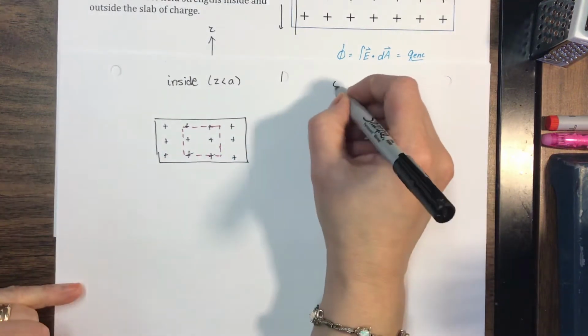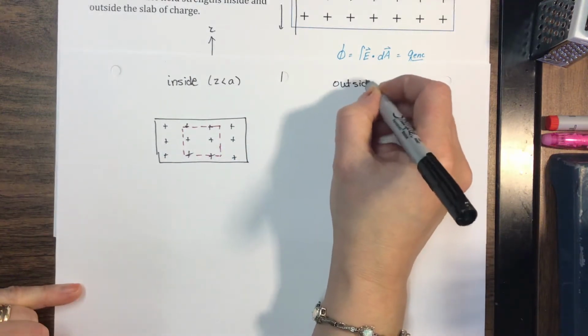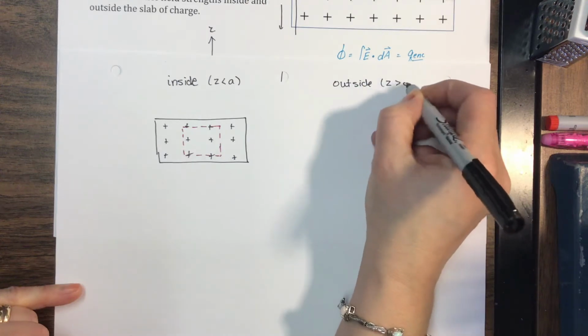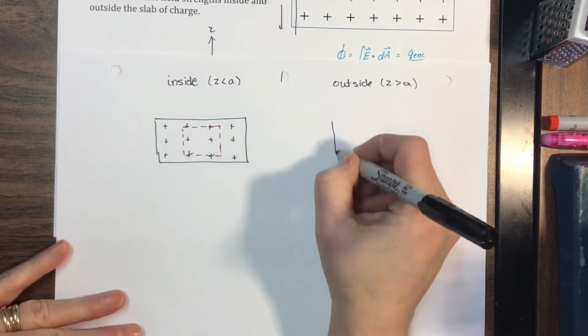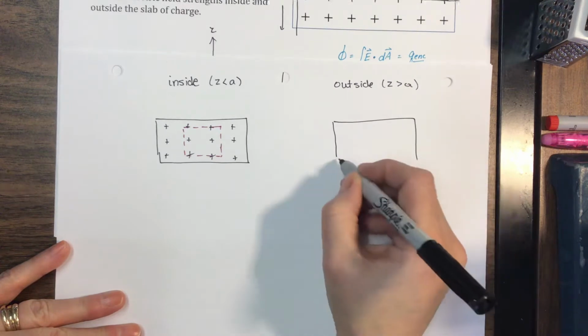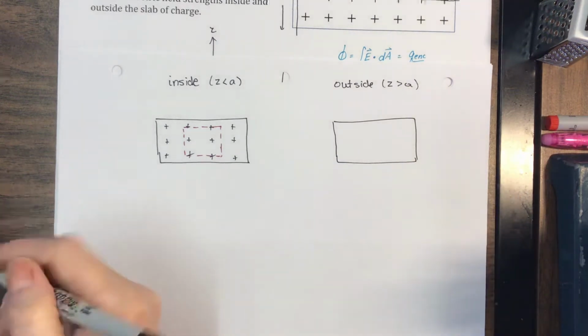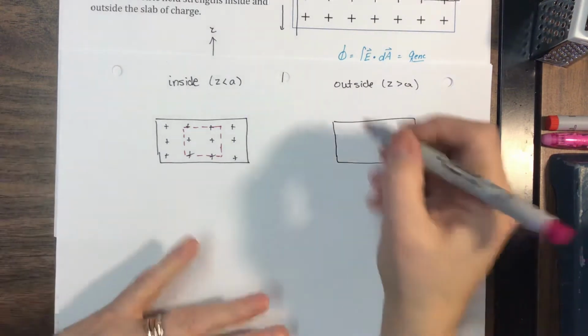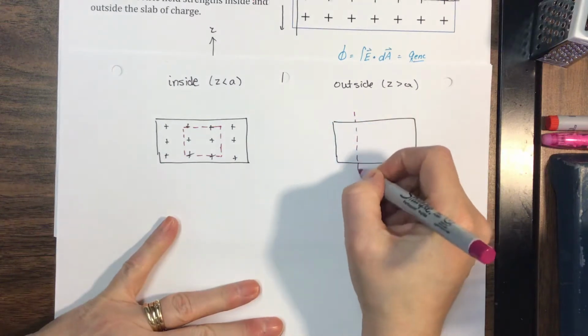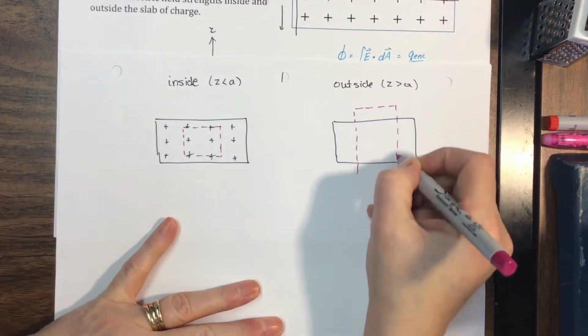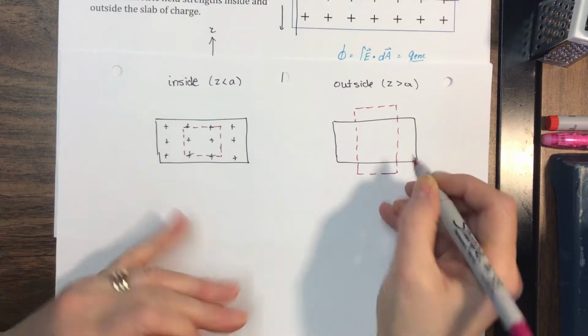If I want to find my electric field outside, that's for Z greater than a. I'll draw my box again. This time my Gaussian surface is still going to be a box, but it's going to extend outside of my plane, outside of my block of charge.